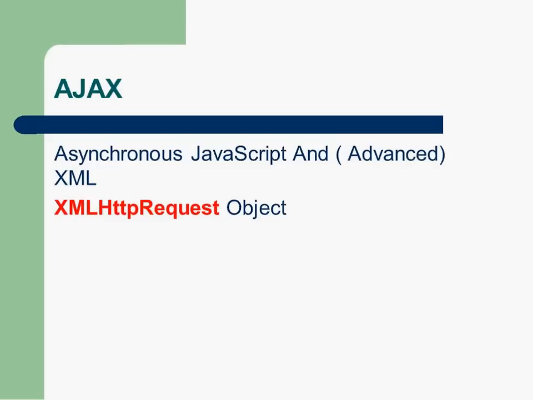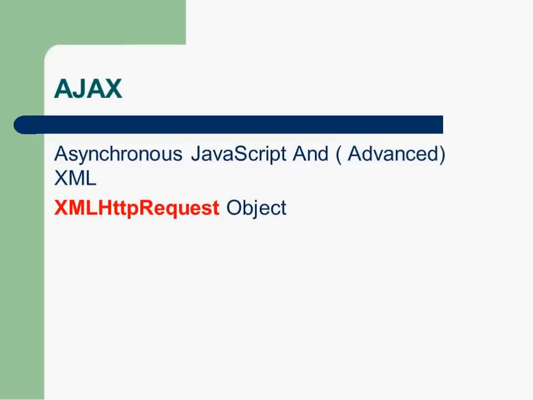To achieve the Ajax functionality, browsers added the XMLHttpRequest object. It's an object which is available in browsers like Mozilla, Firefox, Safari, and all the Mozilla-based browsers.